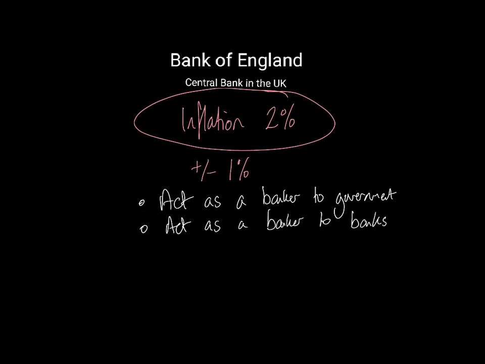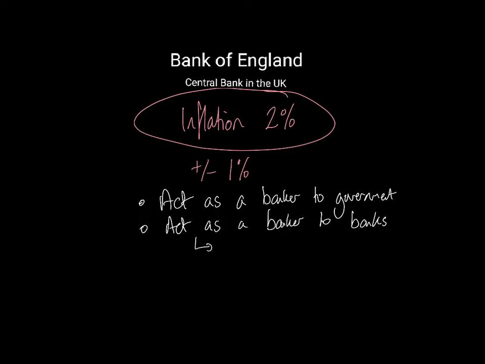So high street banks within the economy or other forms of banking institution within the economy, they will hold accounts with the central bank, and that's the way that they actually manage their reserves and so on. And that's also the mechanism by which changes in interest rates actually pass through into the high street banks.